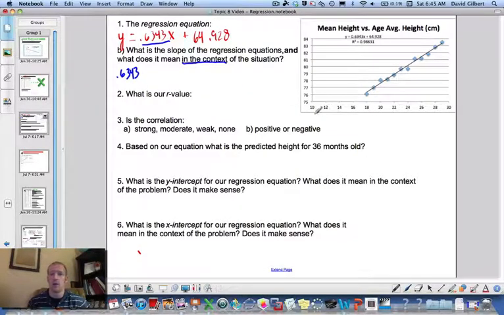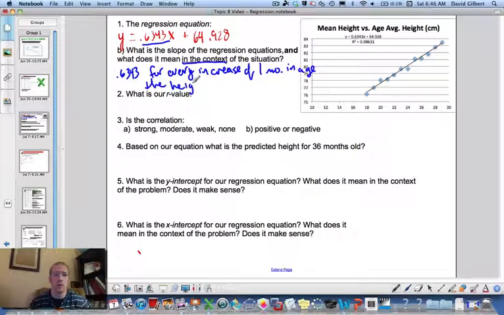So for every increase of 1 month in age, the height increases. So the average height of our individuals increases by 0.6343 centimeters. So basically they're growing 0.63 centimeters per month.